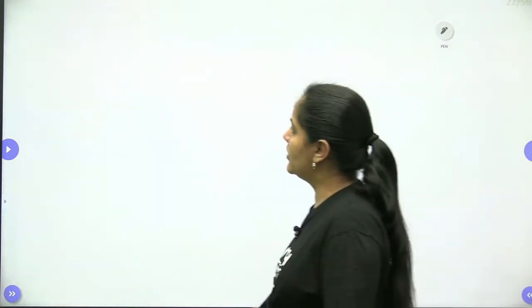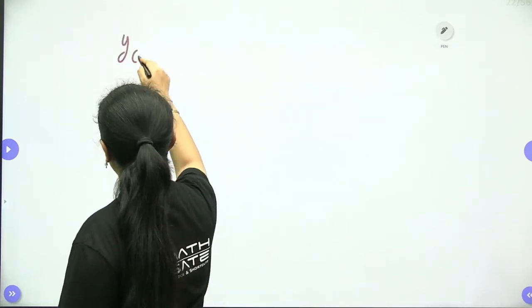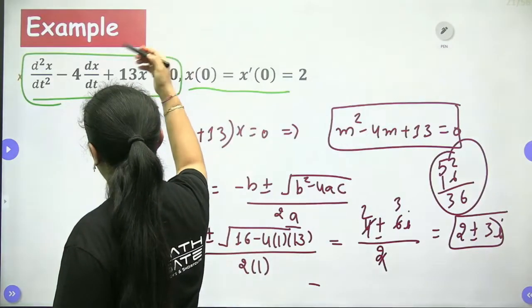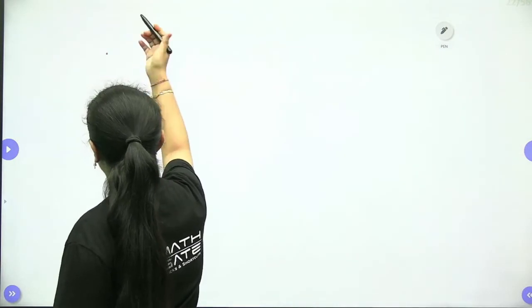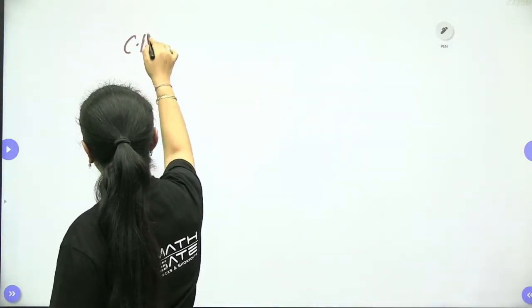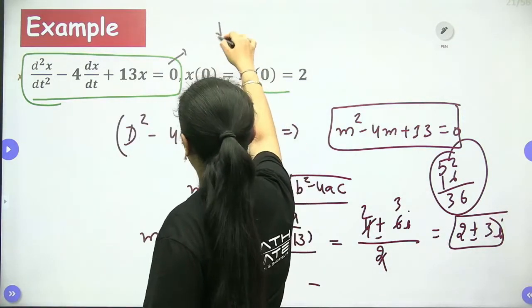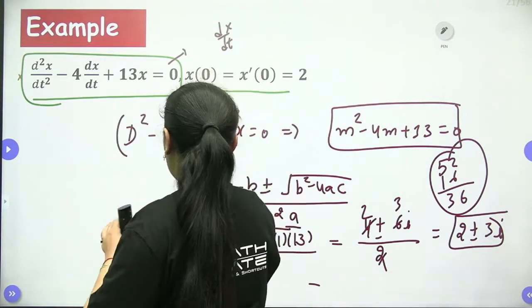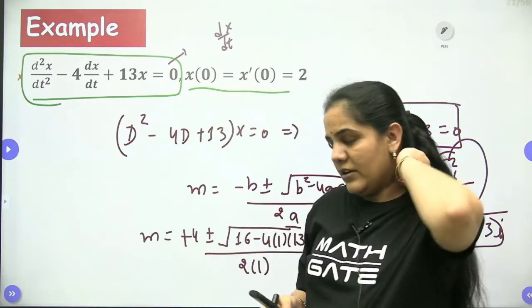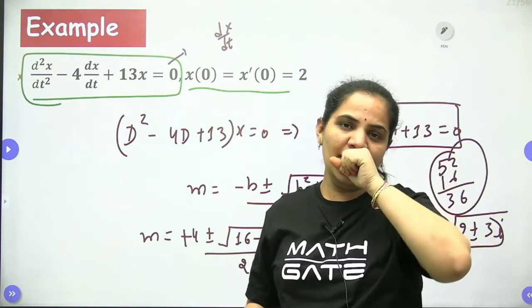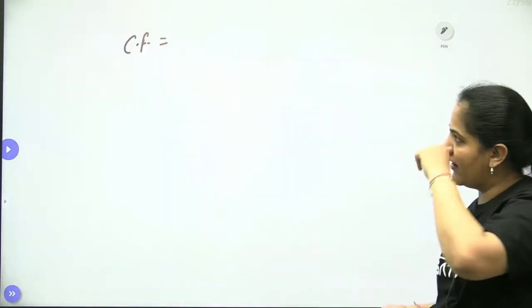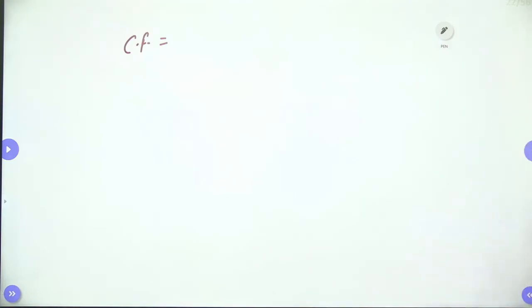So we are having roots 2 plus minus 3 iota. Hence, here we are having the equation in the form of dx by dt. Generally, when we have the equation in the form of dy by dx, we used to write YCF only, guys.